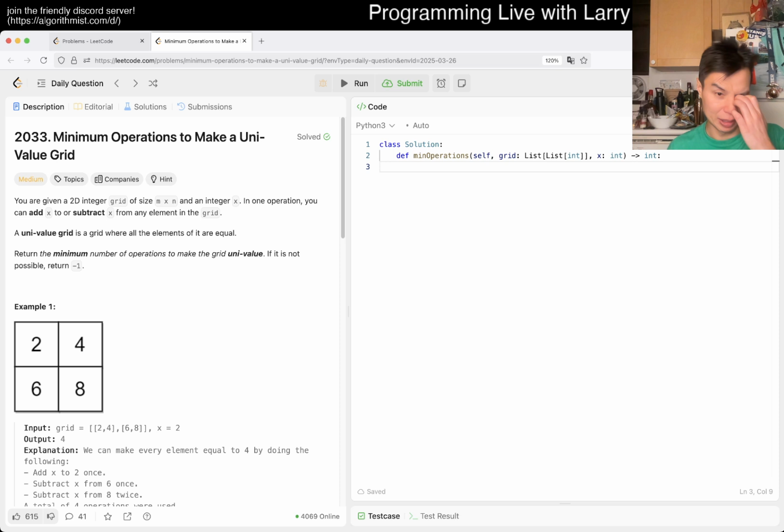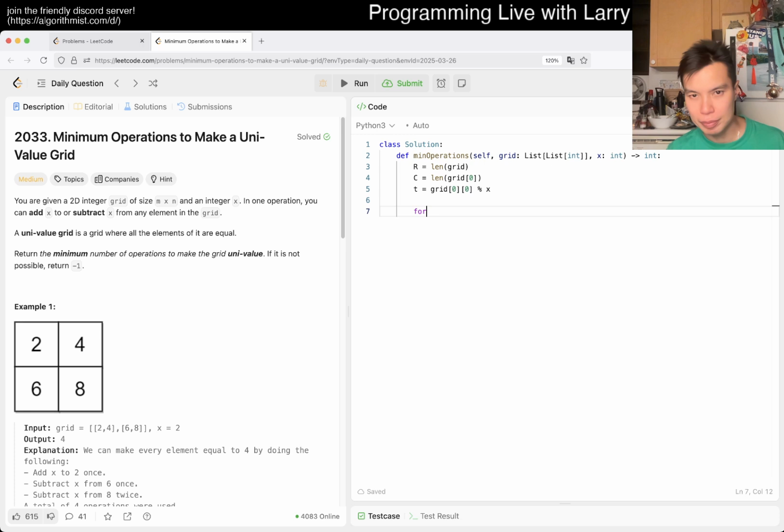So first let's go for the grid, so we can check that it's the same. So we just look at the corner. What's a good variable name? I don't even know anymore. T for target. Right, so for x, oh, I can do it.